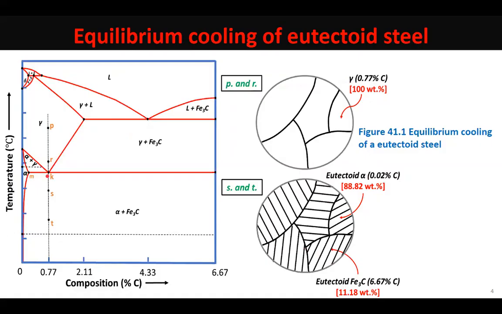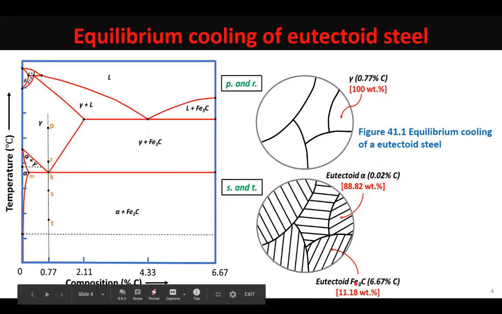If somebody wants to exactly find this out, what he has to do is, this is a eutectoid steel, 0.77% carbon, just a fraction below point K, the eutectoid reaction would have occurred. Now use M, K, and this point as the tie line, and you can find out the amount of ferrite and cementite in it.